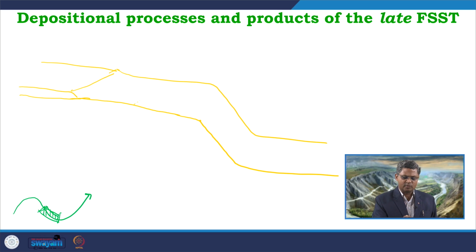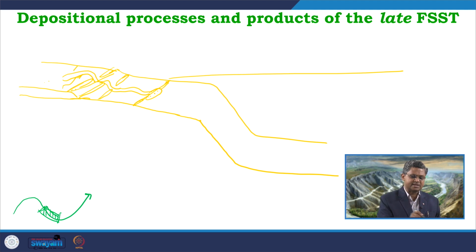The sea level was somewhere here, the base level was somewhere here, and in response to that there were remnants of the early shore deposits, through which the river valley was incising and coming down to this level, forming a delta or shore deposits over here. Some tributaries were forming. This area was facing complete bypass and sediment starvation, and this river valley was going through incision.